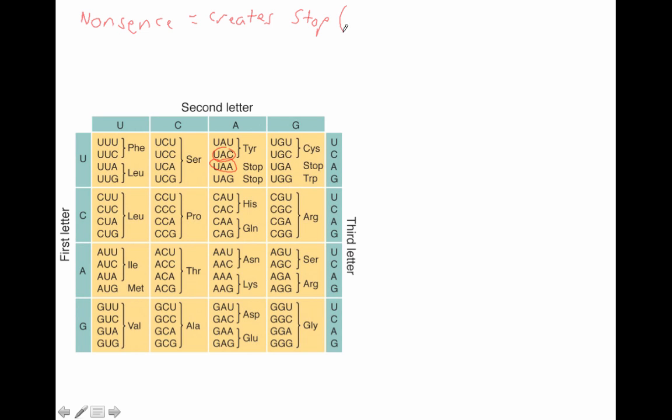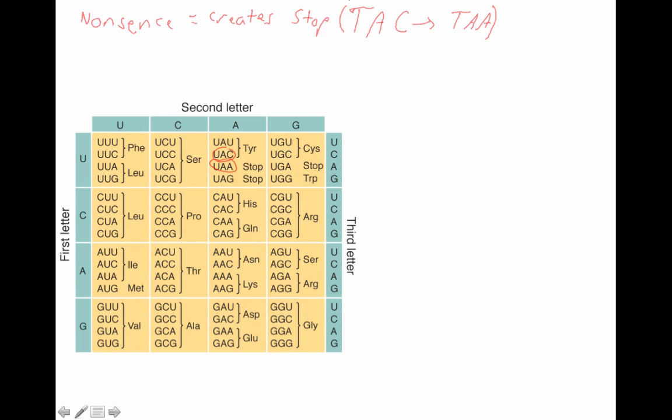And an example is UAC. Well, and then remember the DNA, this is going to be a TAC. A TAC in the DNA gets changed to a UAA, or TAA in the DNA. Remember, it's the DNA that gets mutated. RNA doesn't get mutated. It's just the DNA. So this is a nonsense mutation.